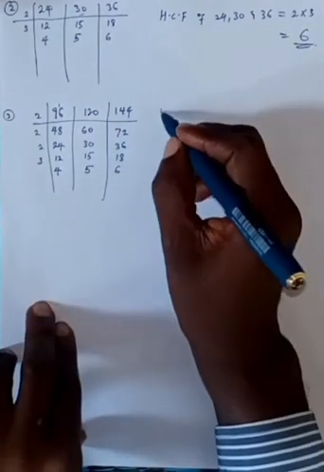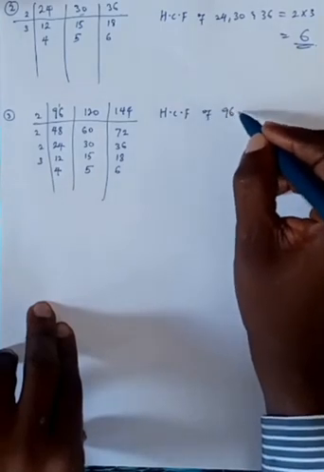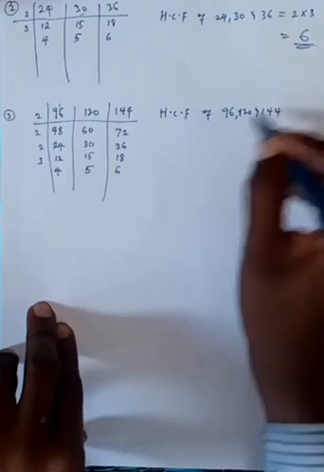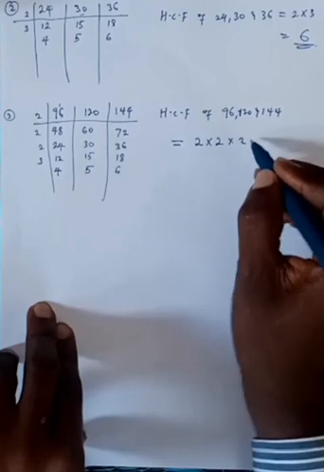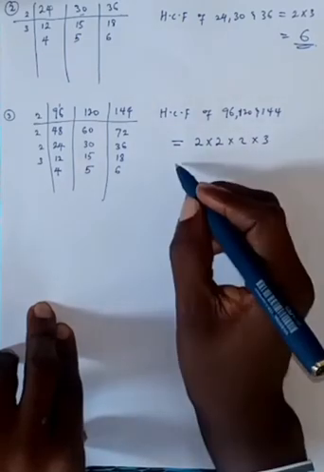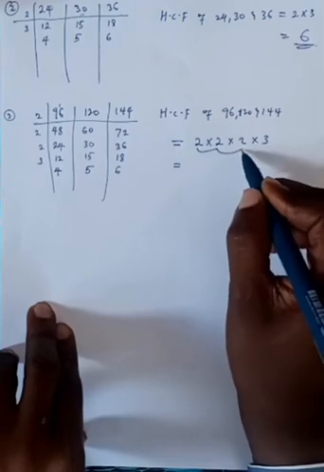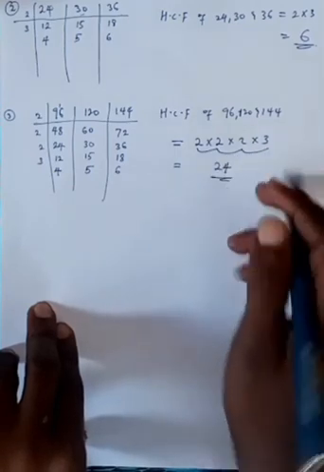So I will now say that the HCF of 96, 120 and 144 is equal to 2 times 2 times 2 times 3, and that becomes 2 times 2 here is 4, 4 times 2 here is 8, 8 times 3 here is 24. So that is the HCF.